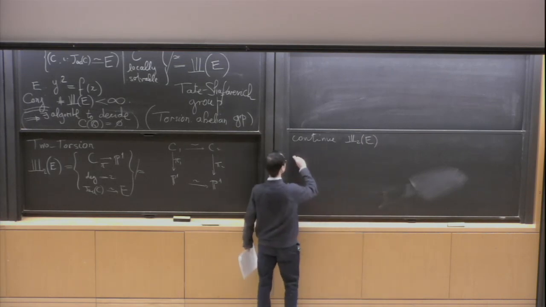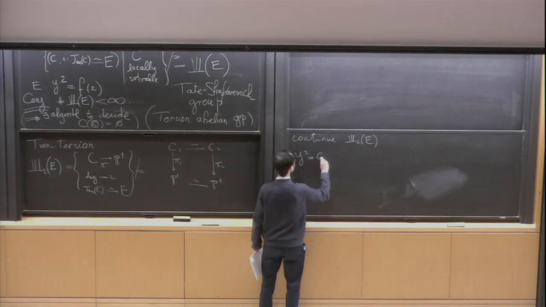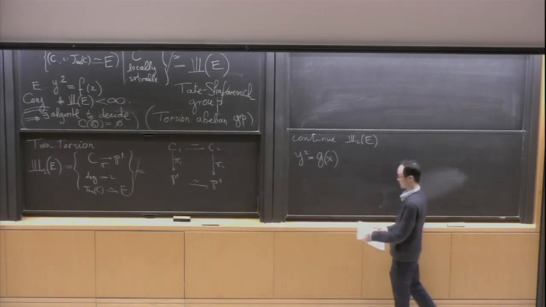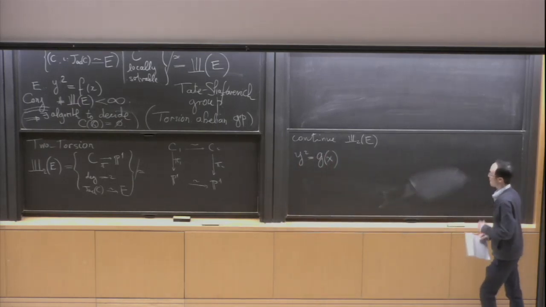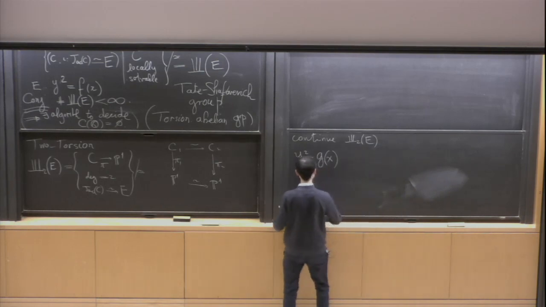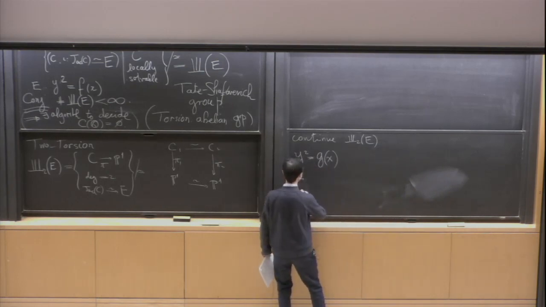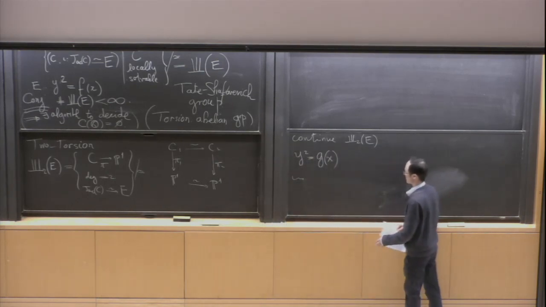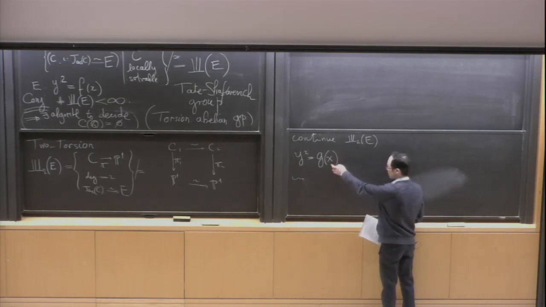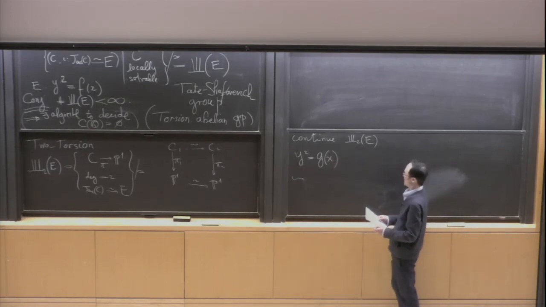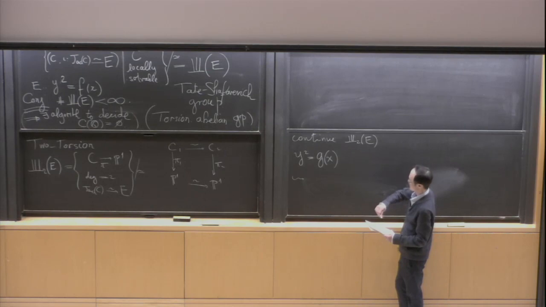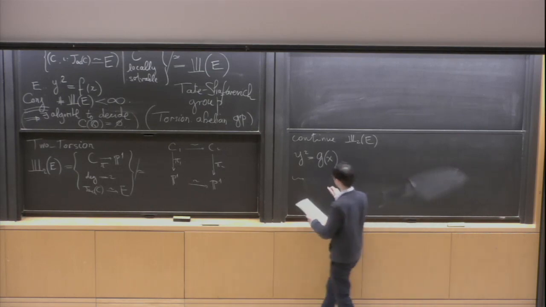If I use the equation y squared equals g of x, remember g is a degree 4 polynomial. So you can translate, you can change the variable, and let me write it this way.